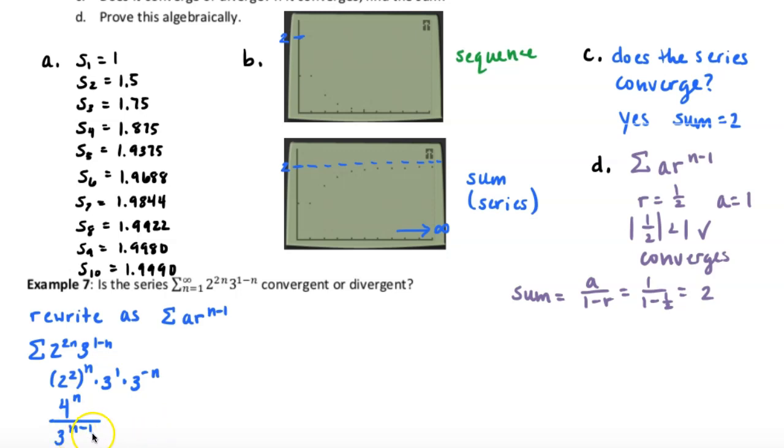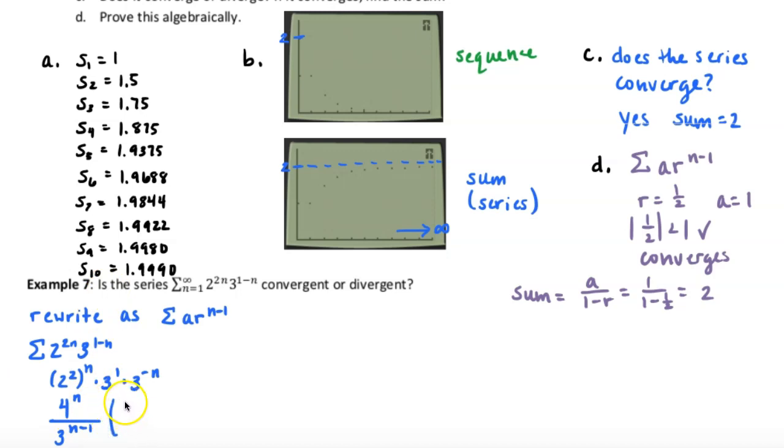Now I have a power of n minus 1 in the denominator, and how do I get this power of n minus 1 in the numerator? I'm remembering that algebraically I have to do the same thing to the numerator and the denominator.